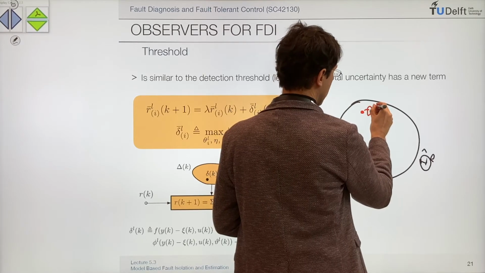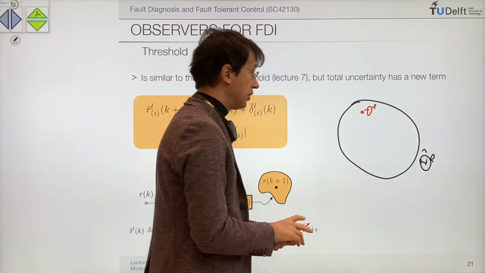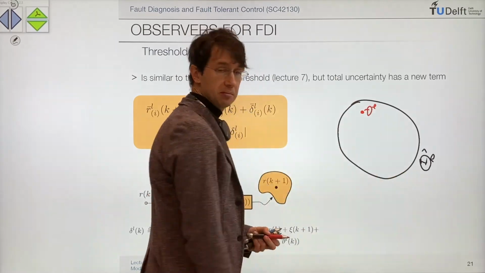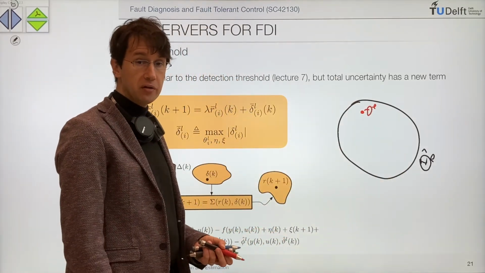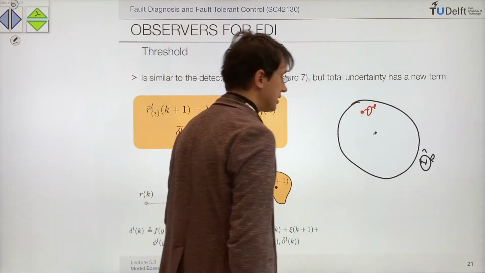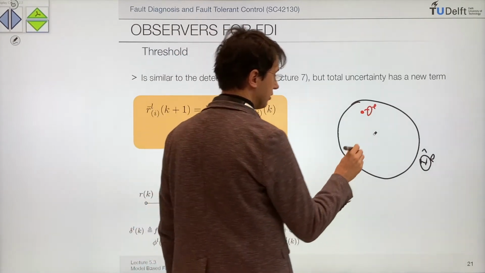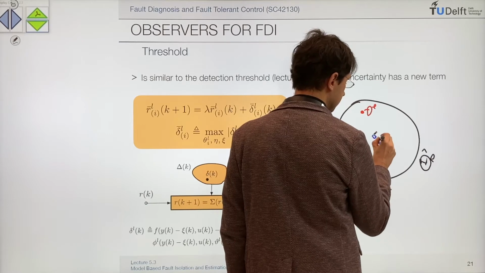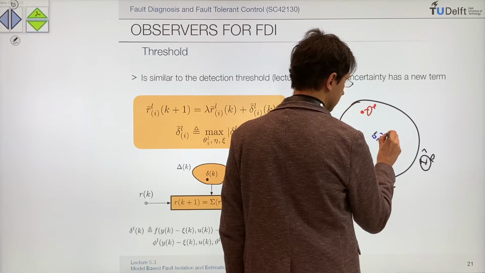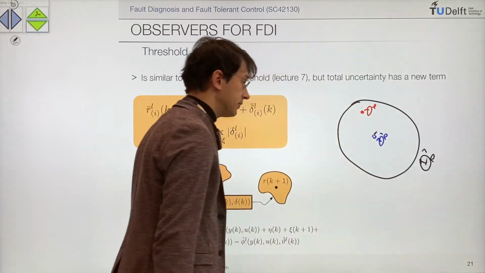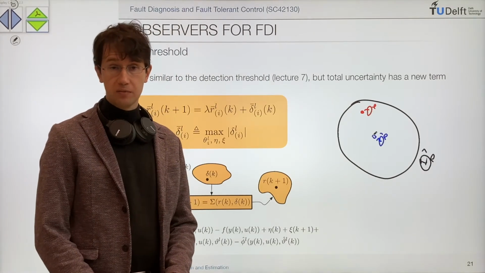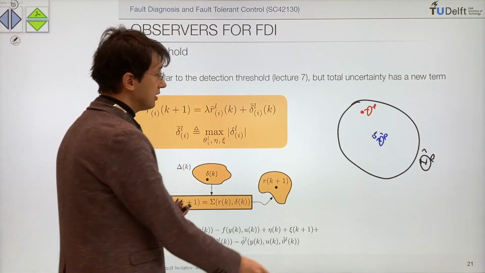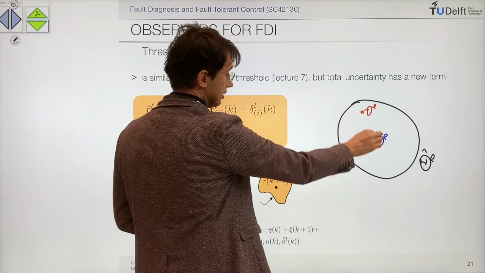We don't know where theta L is, but we know theta L is inside this by assumption. We don't know the value, just we know it is there. When we start up our fault isolator and estimator, the first value of theta hat L is some initial value, maybe 0. So initially there is this difference here.